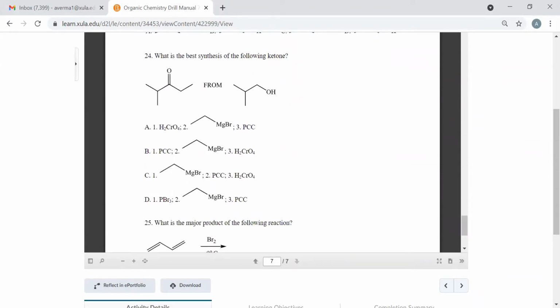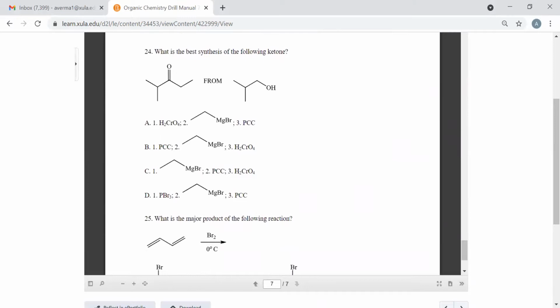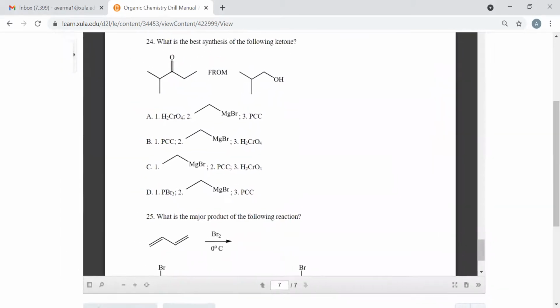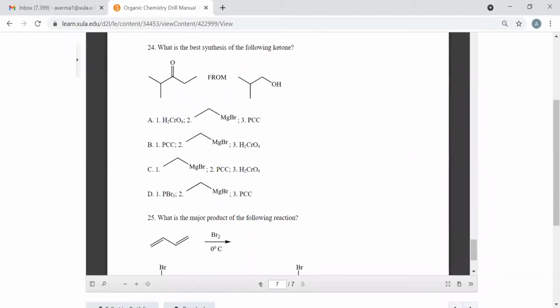All right. So what is the best synthesis for the following ketone? Now, remember you have to start from this very location.